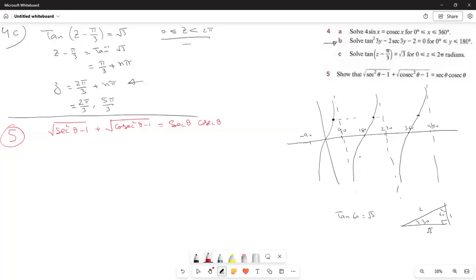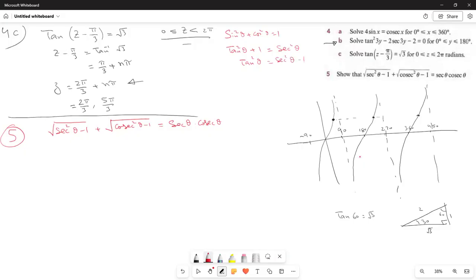Remember, we know that sine squared theta plus cos squared theta is equal to 1. If I divide this whole expression by cosine squared, it becomes tangent squared theta plus 1 equals secant squared theta. So from here we have tangent squared theta equals secant squared theta minus 1.